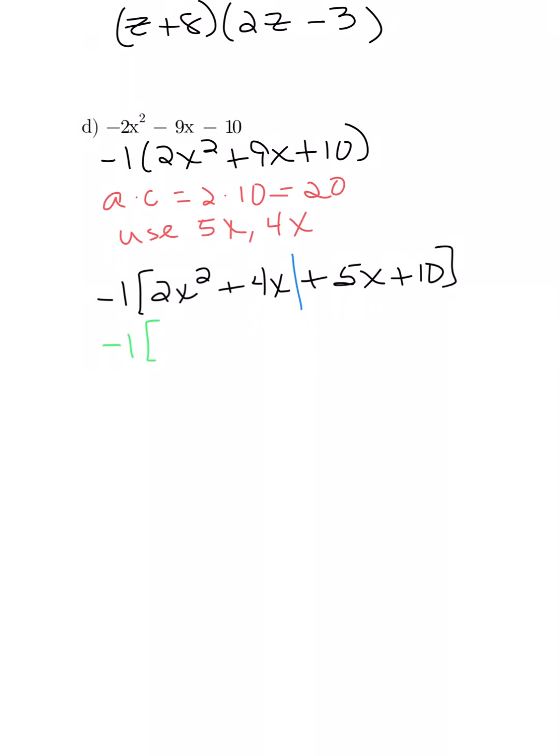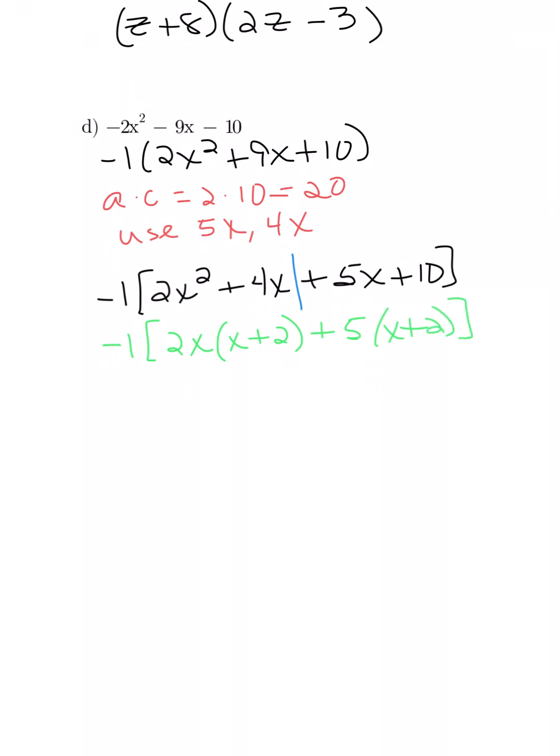Now, looking at the first 2 terms, 2x squared and 4x, 2x is in common. 2x squared divided by 2x is x. 4x divided by 2x is plus 2. On the second pair of terms, what's in common with 5x and 10 is a 5. 5x divided by 5 is x. 10 divided by 5 is 2.